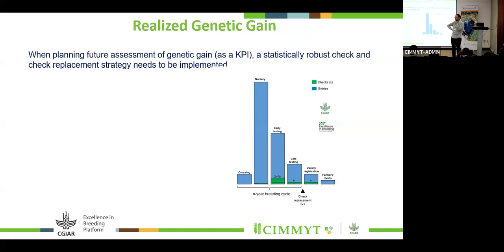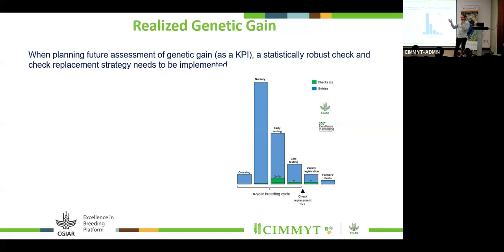When we want to analyze the historical data, you may have a local check, a commercial check, whatever, but you want that connectivity check. We connected all the trials across many years. So this is a strategy going forward, but I understand that with the back data, you often don't have that. And if you don't have that, your estimates are kind of... Exactly.